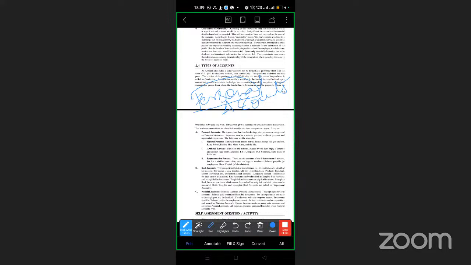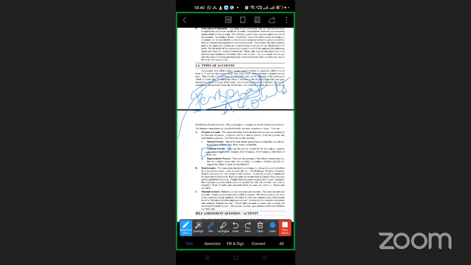Next, will only human beings have names? No. A college will have a name, some bank will have a name, some company will have a name. That is called artificial persons.